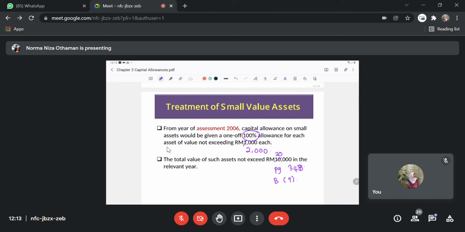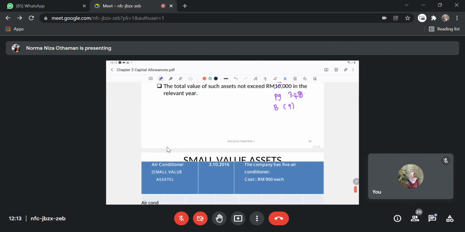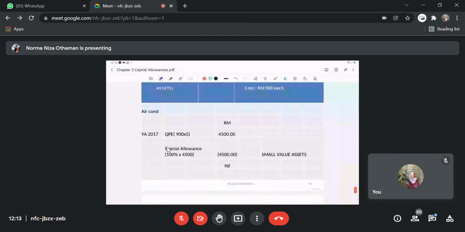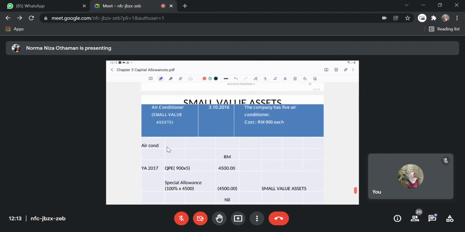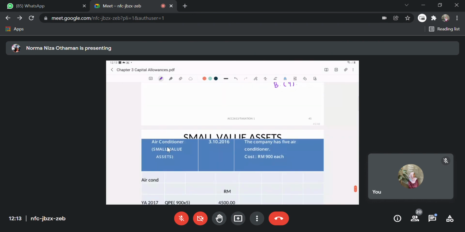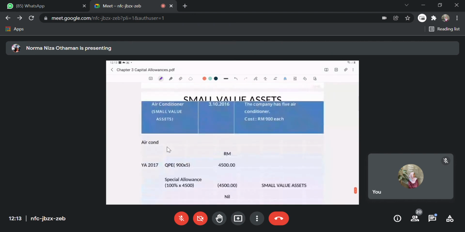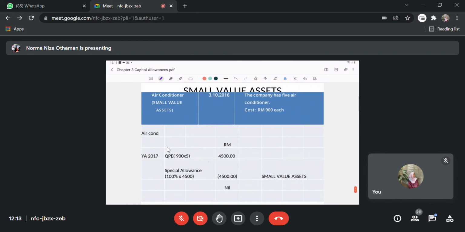Okay, so kita tukarlah dekat sini. Sebab dia bagi the maximum is 20,000. Okay, so kat sini masih lagi tak melebihi lah.